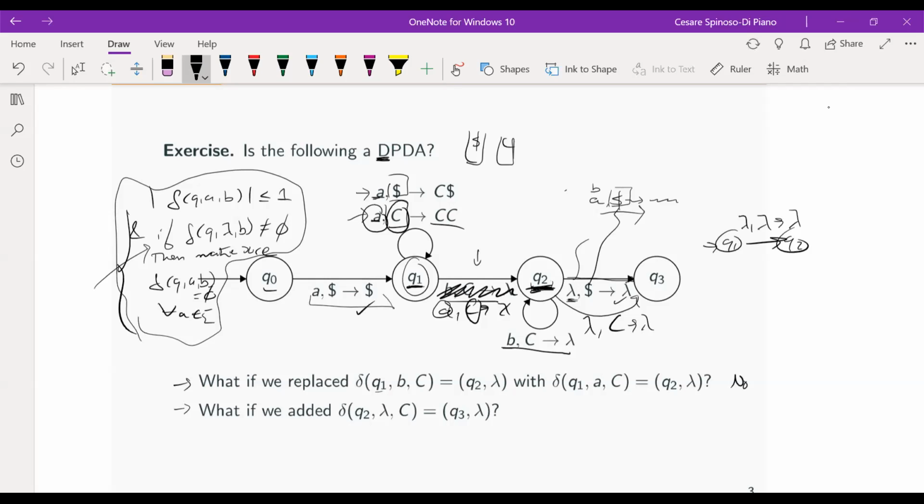Here there's a C at the top of my stack and there's a lambda that I'm reading. Well, here there's a B that I'm reading and there's a C at the top of my stack. You can't have that, because the rule says that if you're reading a lambda and there's a C at the top of your stack, then you can't read anything else with a C at the top of your stack. So this would also be no.